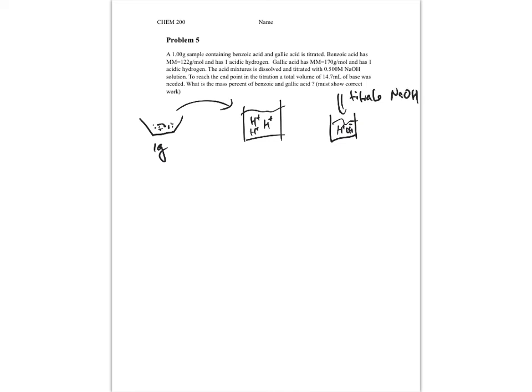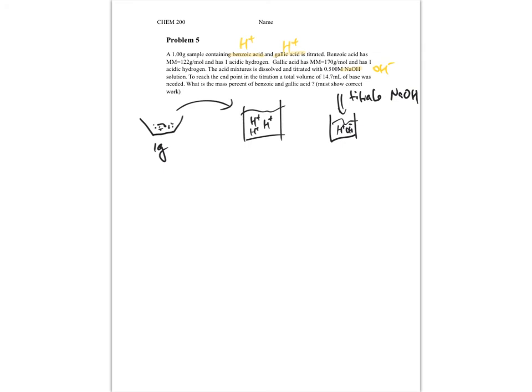Now, in order to figure out how much benzoic acid and how much gallic acid I have in the sample, this is actually quite a complicated problem because the base NaOH will react with both the benzoic acid and the gallic acid. So the hydroxides will react with the H plus you get from benzoic acid and gallic acid, and the base will provide the hydroxides.